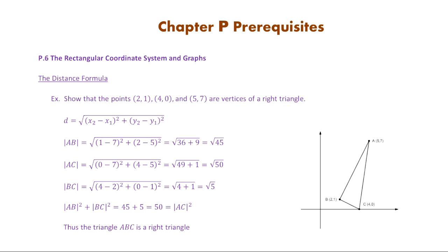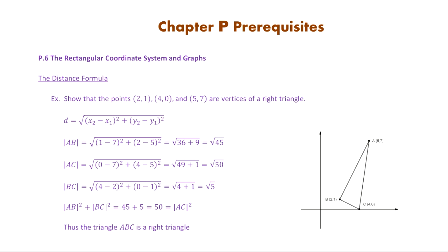Now we get all the distances for the 3 line segments. So then we try to use the Pythagorean theorem and see if it holds. If you add the square of AB and the square of BC: AB is square root of 45, so if you square it, you get 45.